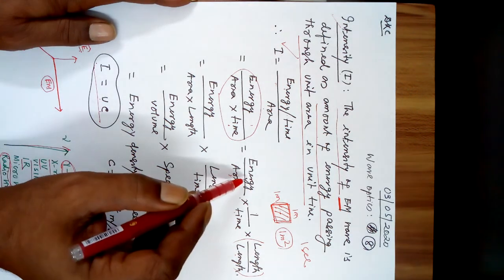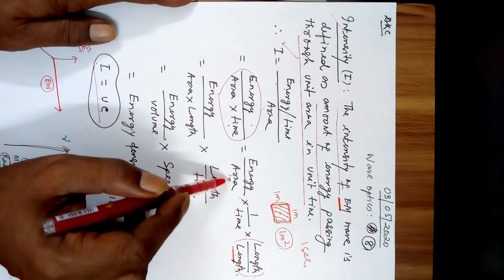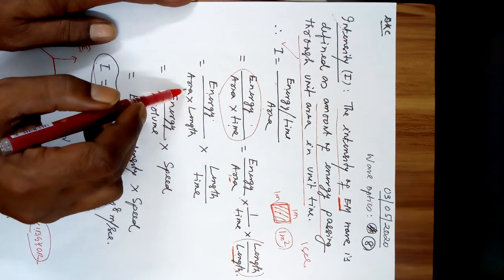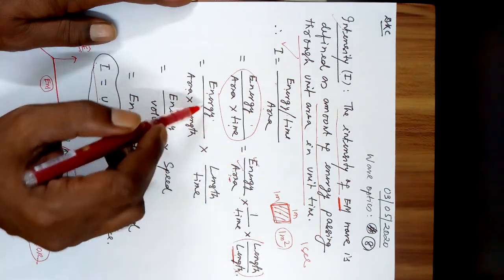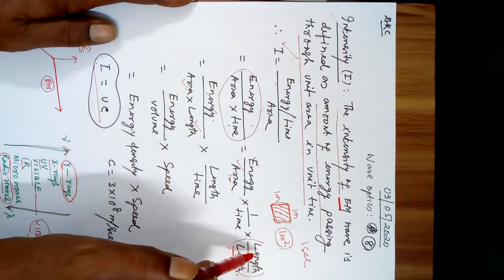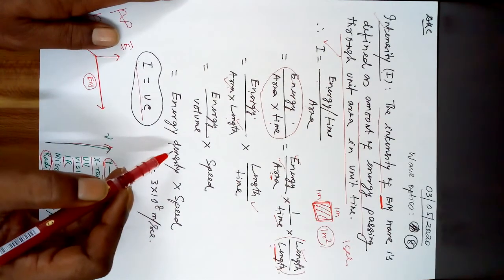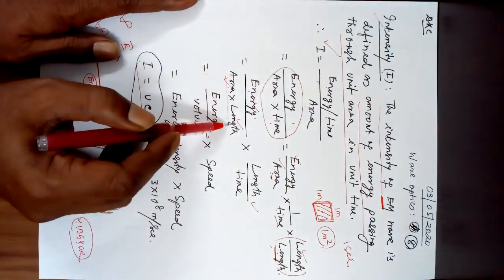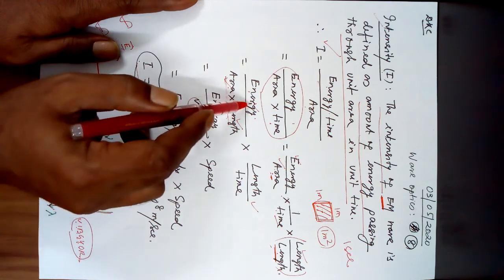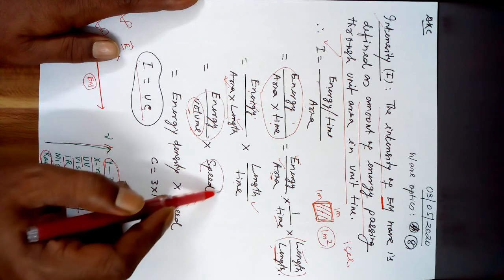Now look, I bring this length and keep it here. So this becomes energy by area, and this length comes here, so I am left with length by time. By doing so, what happens is area into length. We know area into length is equal to volume. So energy by volume, and length divided by time is nothing but speed.